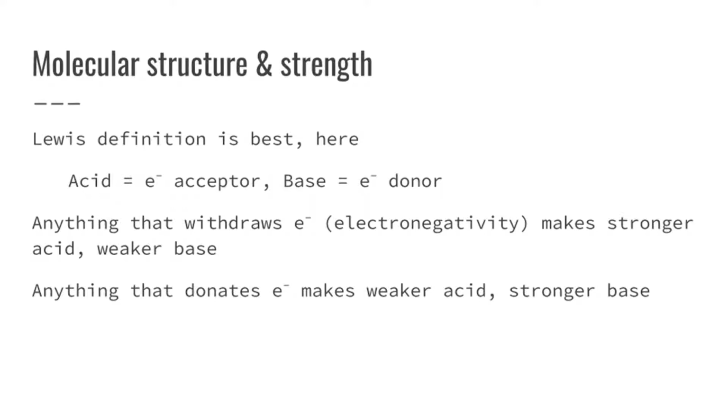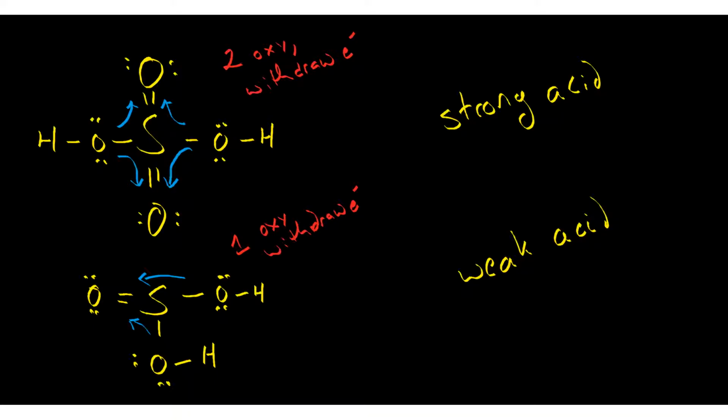So we look here, for example, a nice instructive example, sulfuric and sulfurous acid, H2SO4, H2SO3, top and bottom respectively. Now they each have two OH groups there, but sulfuric acid also has two double bonded oxygens. Sulfurous acid only has one double bonded oxygen. And those oxygens are very electronegative.